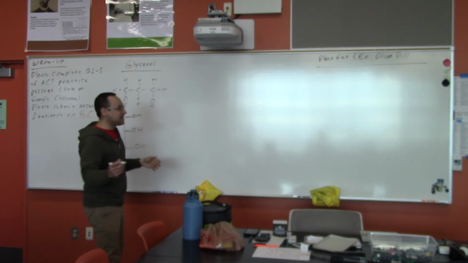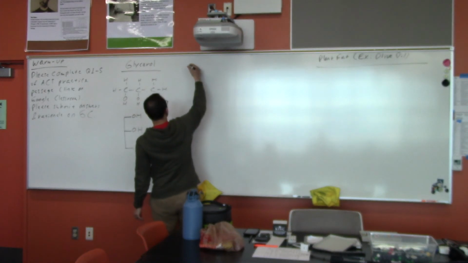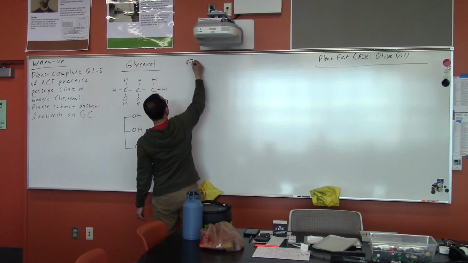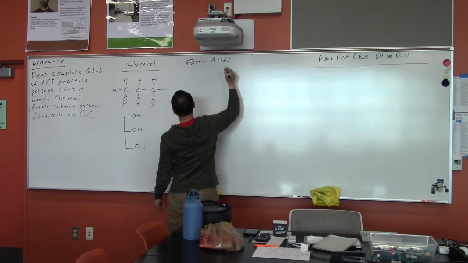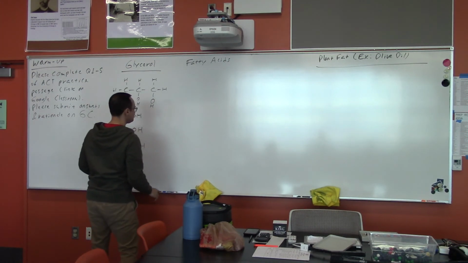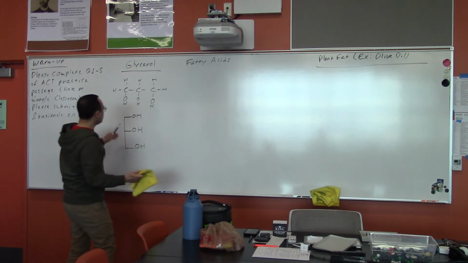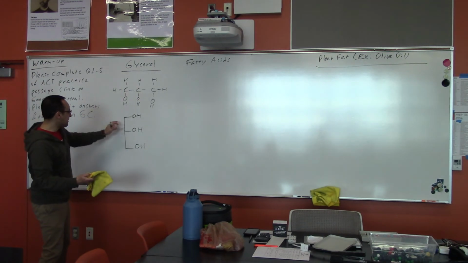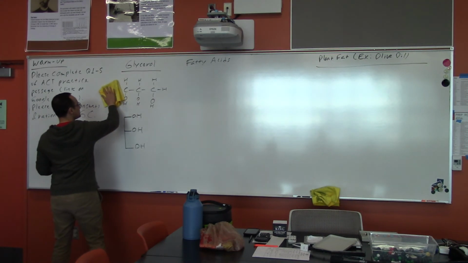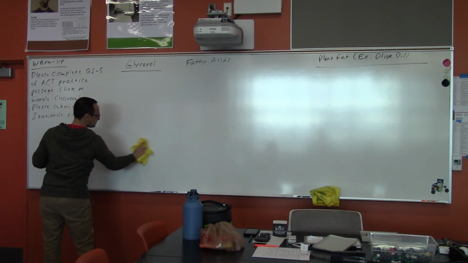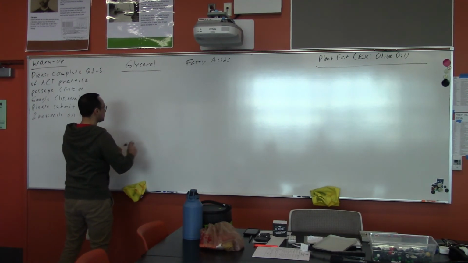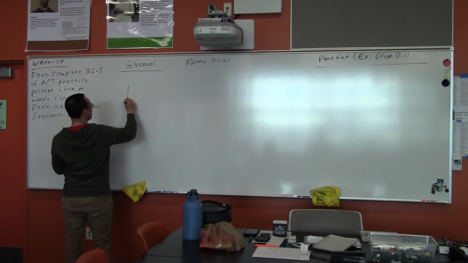You can also have fatty acids. So let's talk about some fatty acids. What I'm going to do is erase this top glycerol and blow this one up. There's an absolute reason for this. You don't necessarily have to do this on your own, but I need to do it.